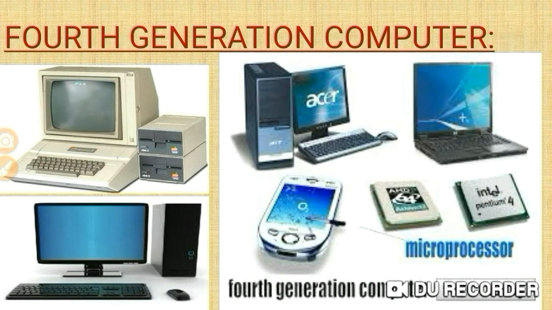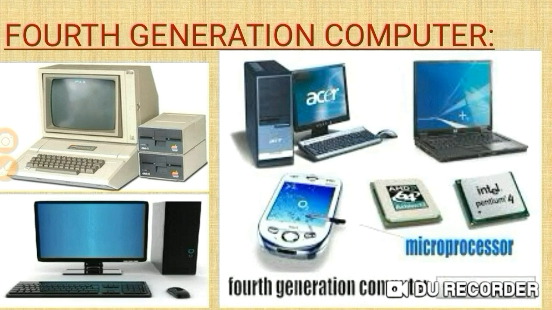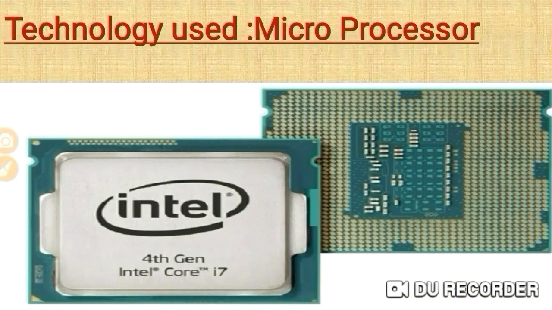The fourth generation computers used very large scale integration technology. Using this technology, thousands of small tiny transistors are integrated on a small silicon chip called a microprocessor or CPU.